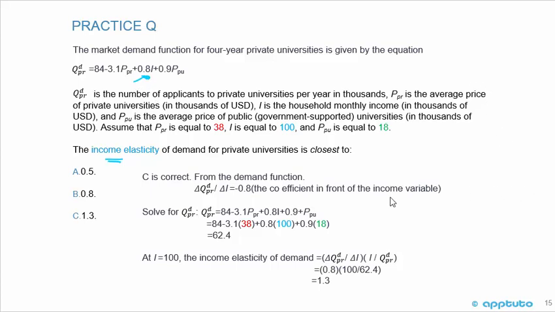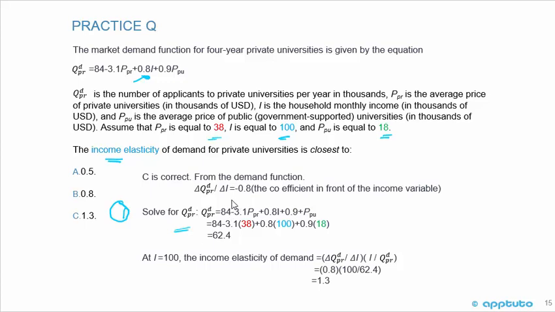Step one is the same: we solve for the quantity demanded of the private universities. They've given us a multi-factor model and the assumptions, which I highlighted in red, blue, and green so you can follow your eyes down. You just have to solve the equation for the quantity demanded.